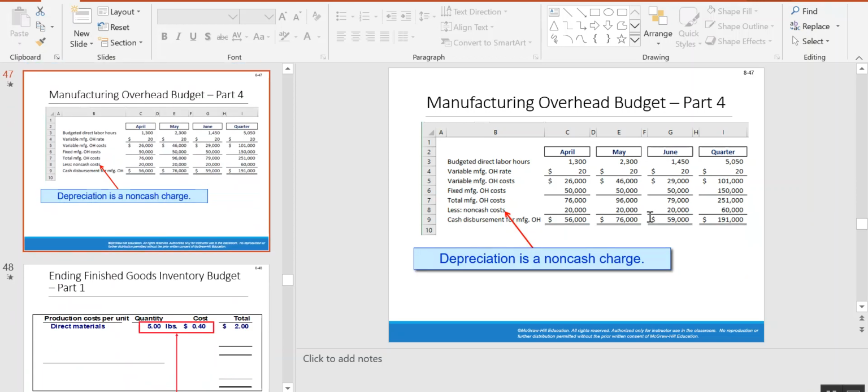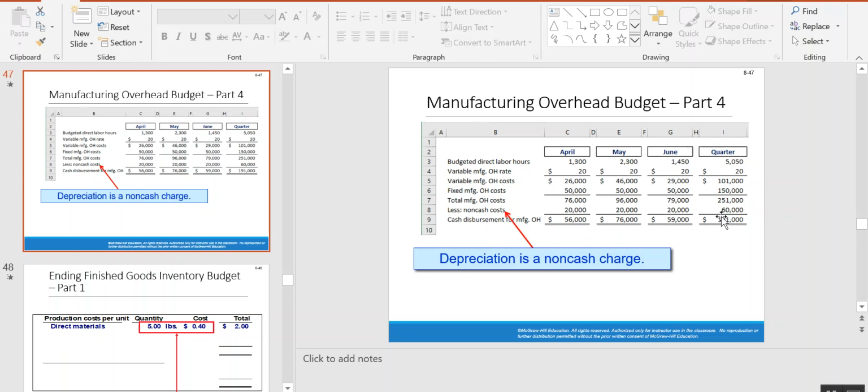We come down here, the next step in this manufacturing overhead budget, because this budget is for us to decide how much we're going to spend, or how much we're going to use in cash and cash disbursements for overhead. So we deduct the non-cash portion to get the cash portion of overhead.